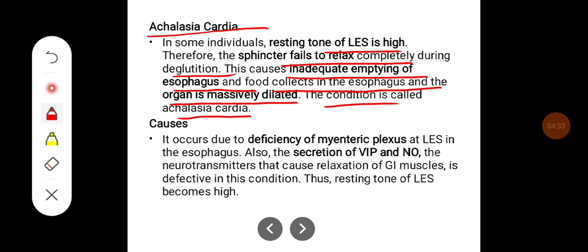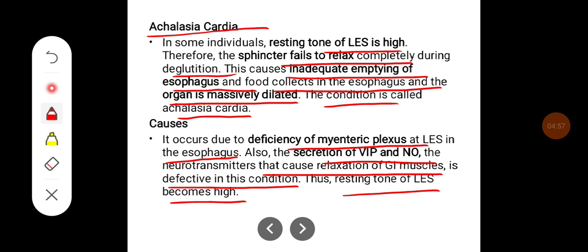The cause of this is deficiency of myenteric plexus at lower esophageal sphincter of the esophagus. So thus the secretion of VIP and nitric oxide, the neurotransmitters that cause relaxation of the GI muscle, is defective in this condition. So thus resting tone of the lower esophageal sphincter becomes high.